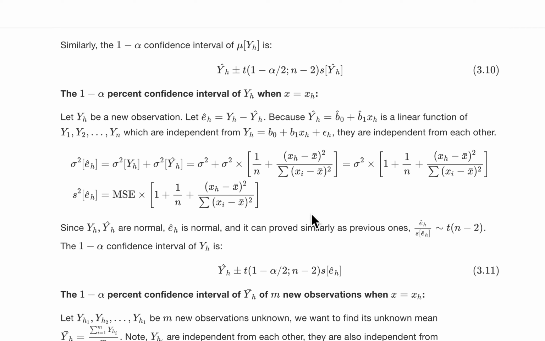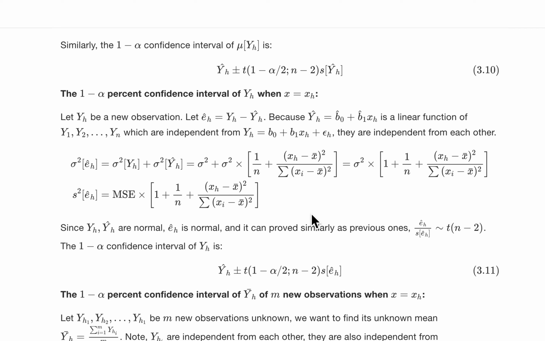Same here. So let's see the error term here, which is E hat H, which is YH minus its point estimator YH hat. And it's easily provable that the expected value of E hat H is 0. And now, because YH is a new observation, it's independent from Y1, Y2, up to Yn, so it's independent from the point estimator YH hat.